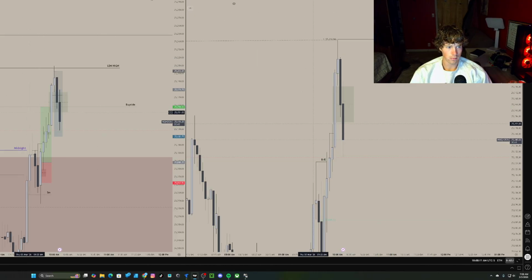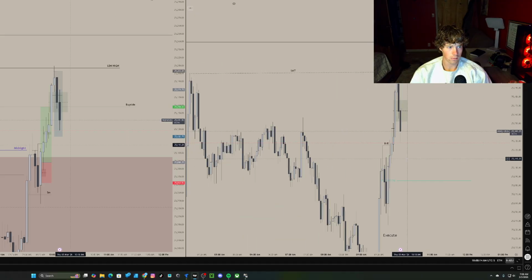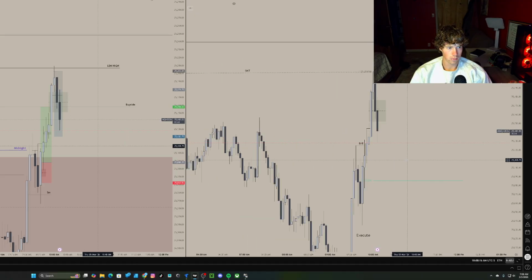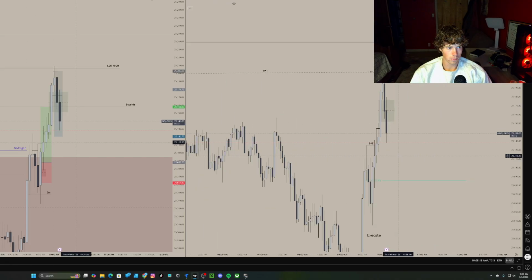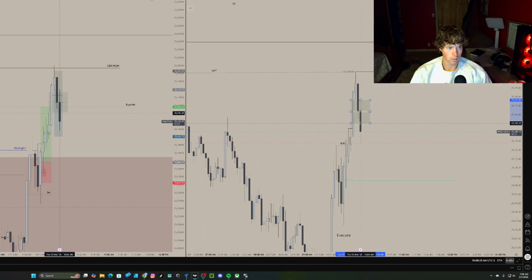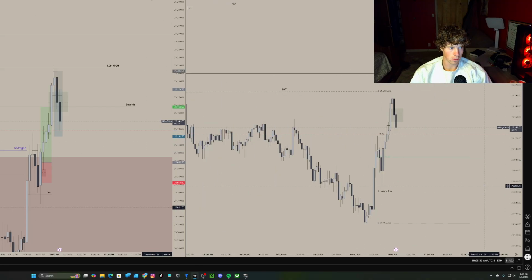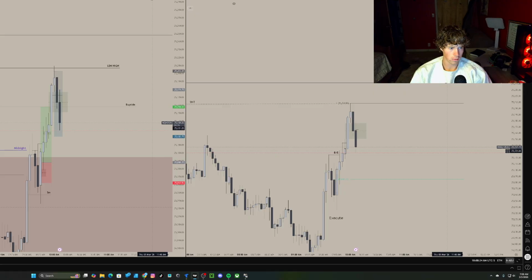Or might get this 3-minute close if we get this shorting. Looks like we're gonna get it.